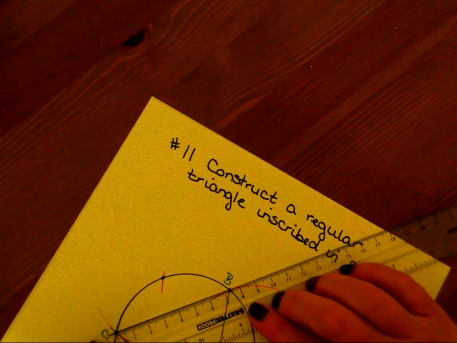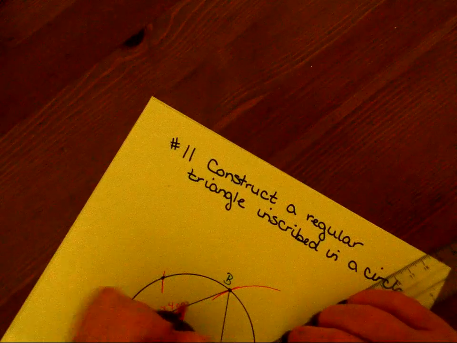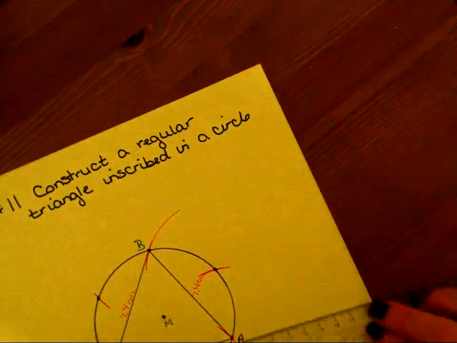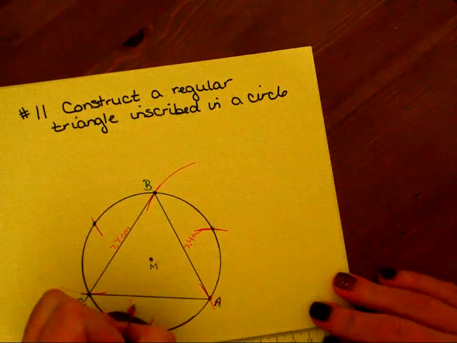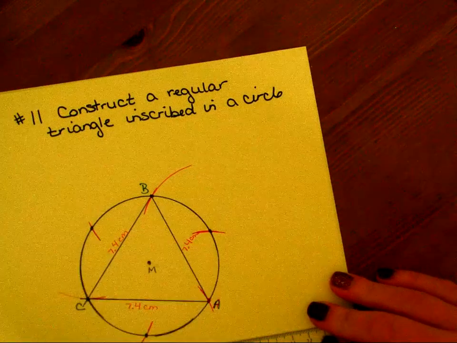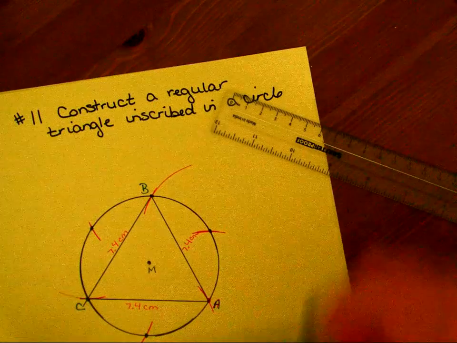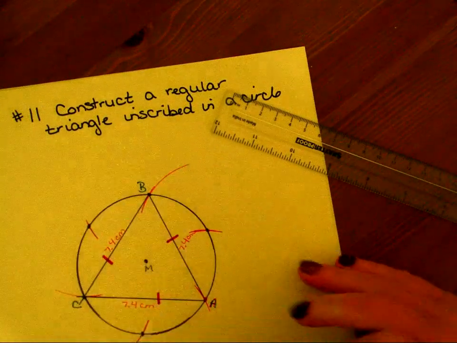On this side, measuring from B to C, I have 7.4 centimeters. Don't forget to label. And last but not least, again, 7.4 centimeters.